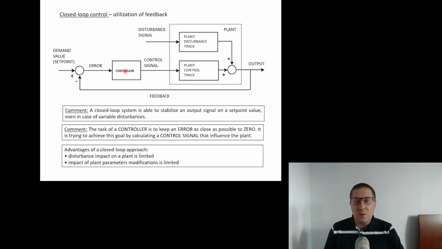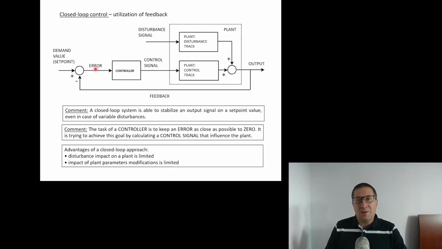Right? The goal of the controller is to minimize this error, is to keep it zero. So it changes the control signal. In our case, it's the valve opening level, but it could be, I don't know, the fan load, right? The feeder speed, etc., etc. In order to minimize this error.